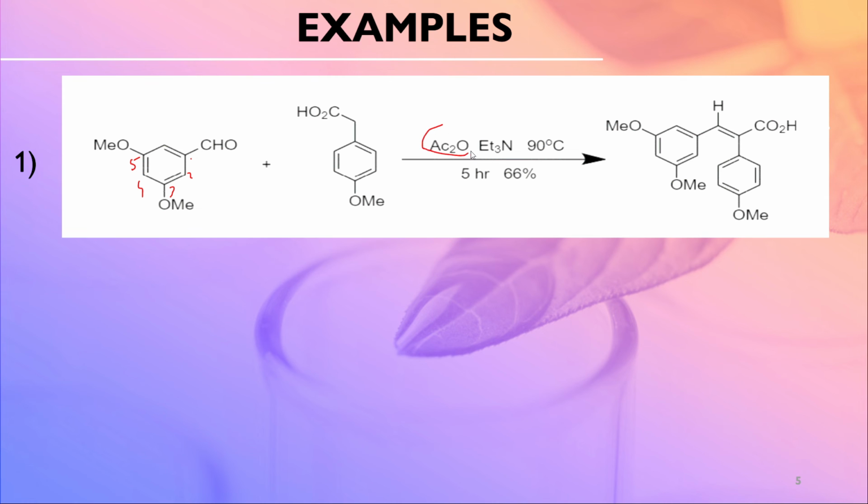Again acetic anhydride will work here, with a base. Here you can see the alpha beta unsaturated product.